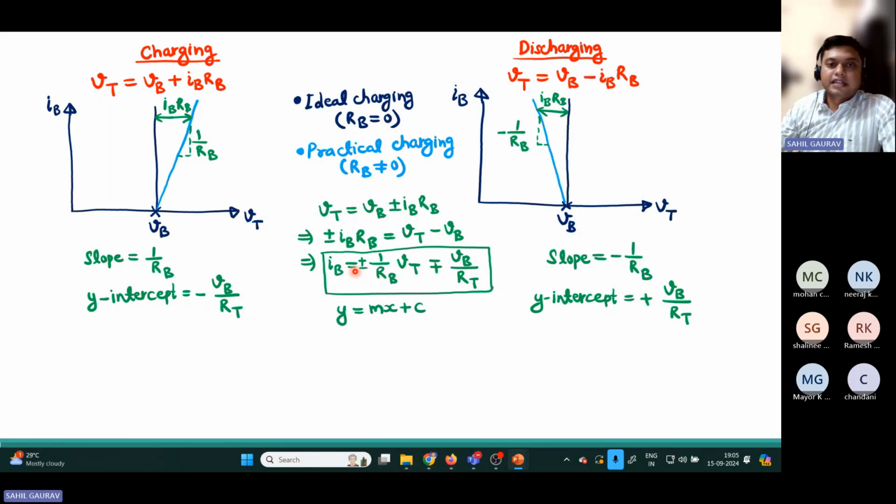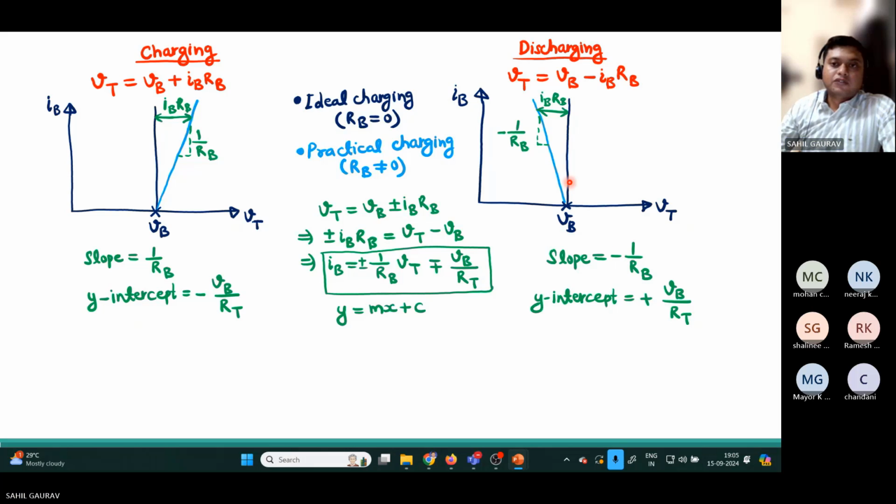Then you can write IB in such a way that you can relate it with a straight line equation, that is y equals mx plus c, where m is the slope and c is the y-intercept. So here we have written the IV characteristics of the battery as a straight line equation. The slope of the battery during charging will be 1 upon RB, while in discharging it will be minus 1 upon RB.